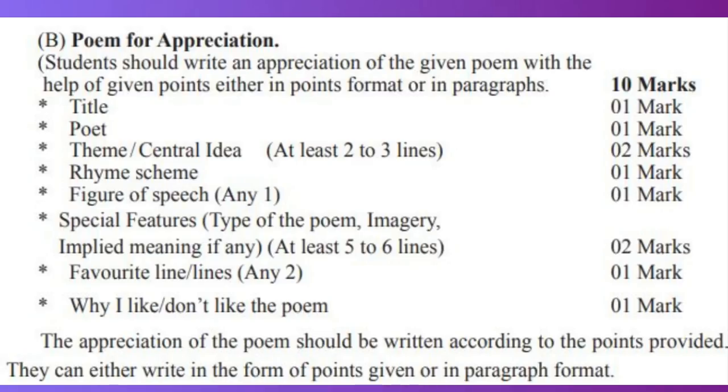Marks distributions are like this: title for 1 mark, poet 1 mark, theme or central idea at least 2 to 3 lines 2 marks, rhyme scheme 1 mark, figure of speech anyone 1 mark, special features type of the poem, imagery, implied meaning of if any at least 5 to 6 lines 2 marks, favorite line any to 1 mark, why I like or don't like the poem 1 mark.